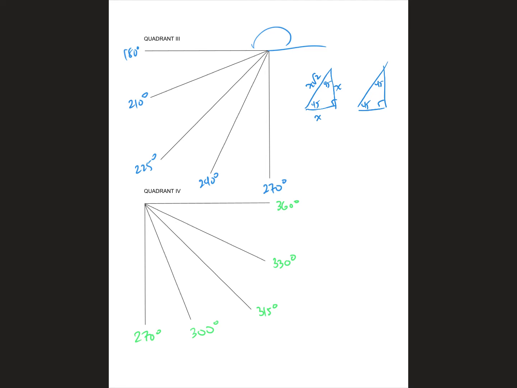Now in the unit circle one, the hypotenuse is 1. So the hypotenuses should be the same length. So that tells me that x is 1 divided by the square root of 2, which is root 2 over 2. So that means the length of each of my legs is root 2 over 2. So the sine of 45 would be opposite over hypotenuse, root 2 over 2 over 1, which is root 2 over 2. And the cosine would be root 2 over 2 over 1 as well.